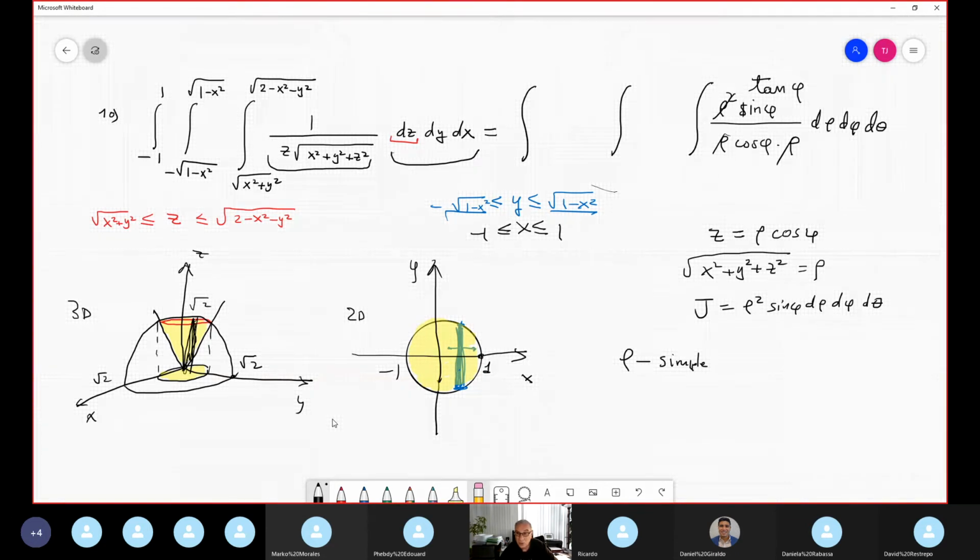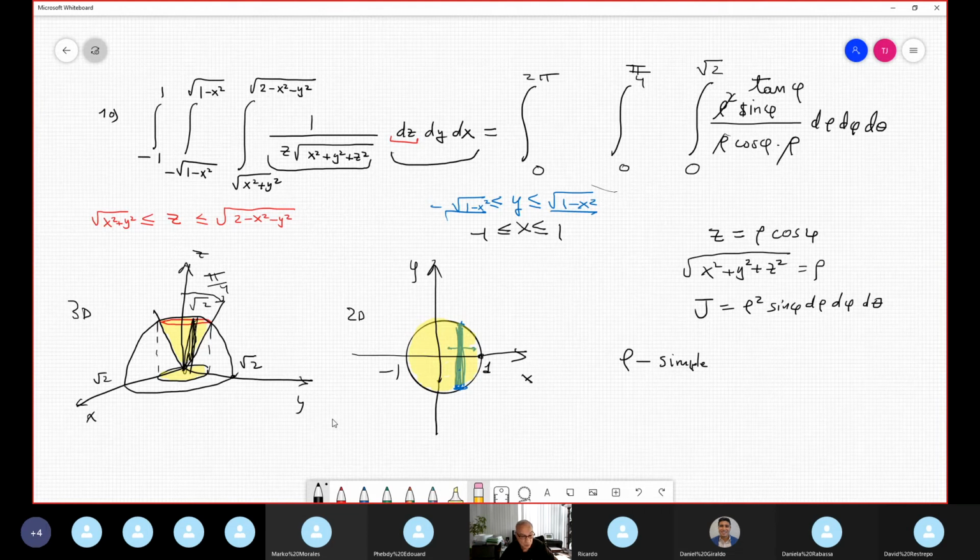Entonces, rho go from 0 to radical 2. And phi go from 0 to pi by 4. And theta go from 0 to 2 pi, because it's the full circle, 2 pi. And this is our triple integral.